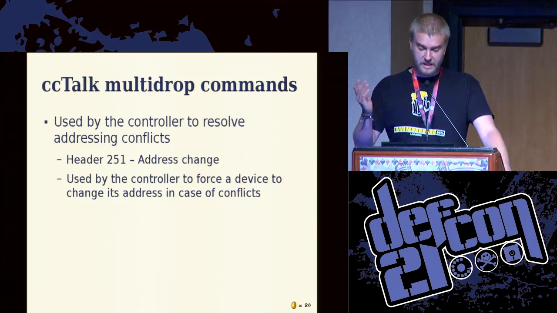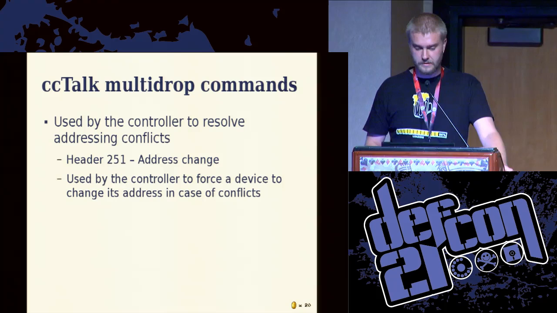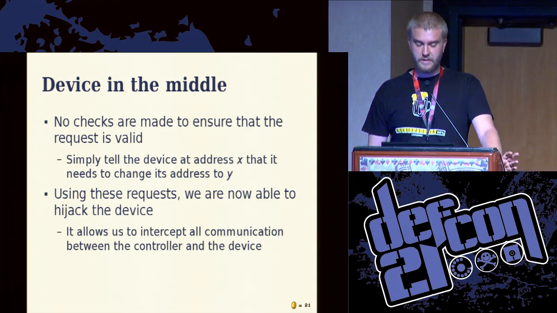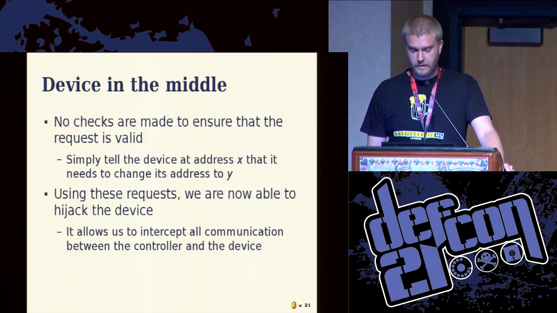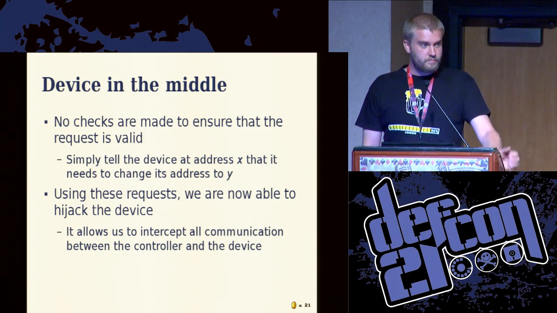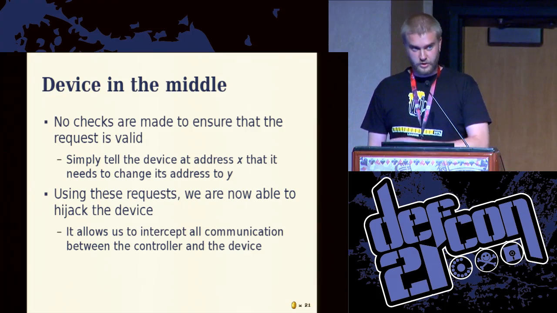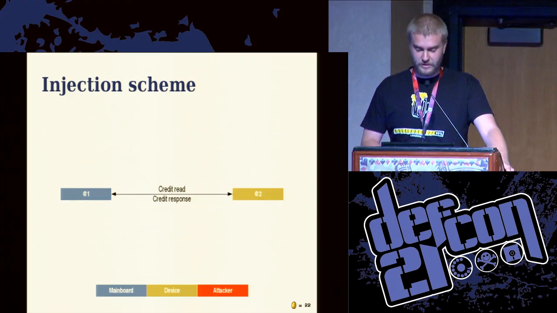So you just send that packet, and the device will say, okay, fine, now my new address is the one you sent. And what is great is there are absolutely no checks made on the device or on the main board that I tested. So you can just connect to the bus and send one little packet to tell the device to change its address, and then you get its address.